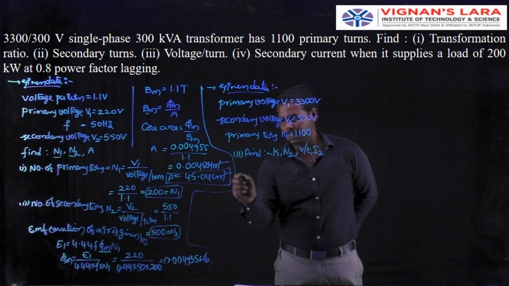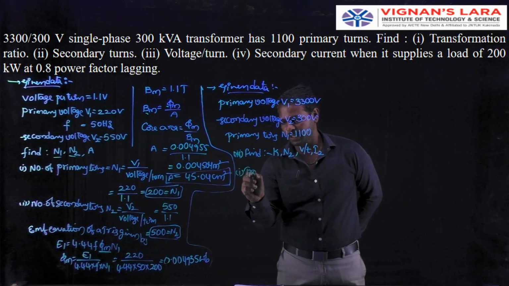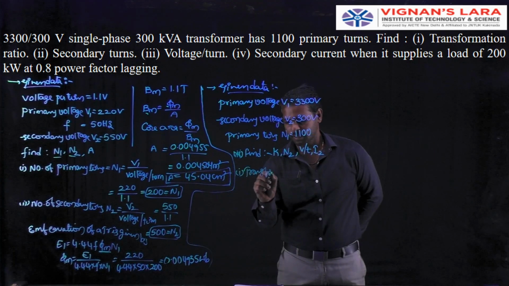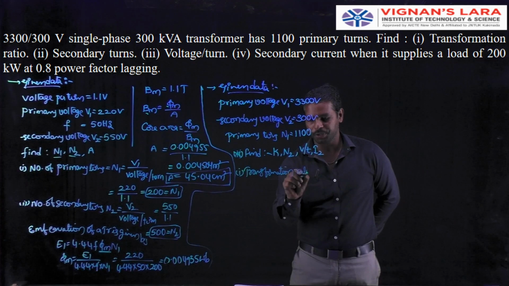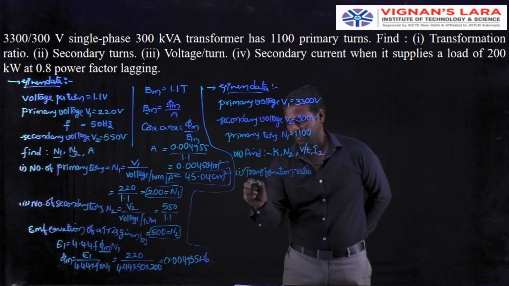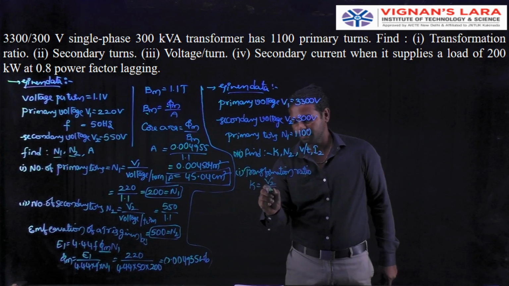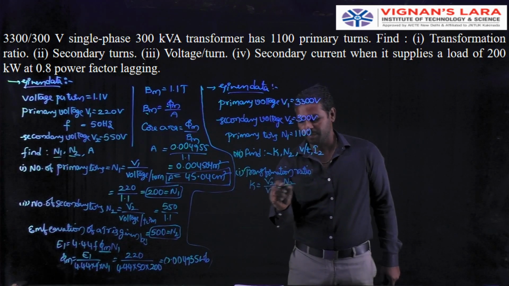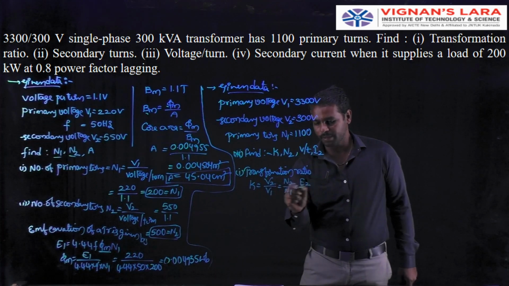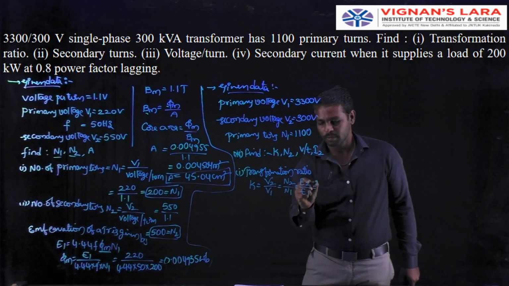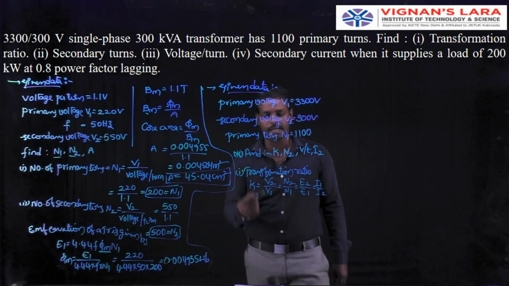So first one, transformation ratio. It is denoted by K. K is equal to V2 by V1, N2 by N1, E2 by E1, I1 by I2. This is the general expression of a transformation ratio.